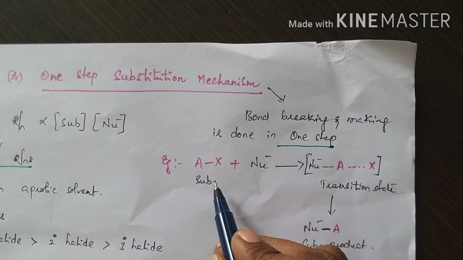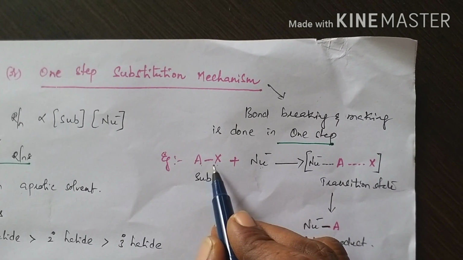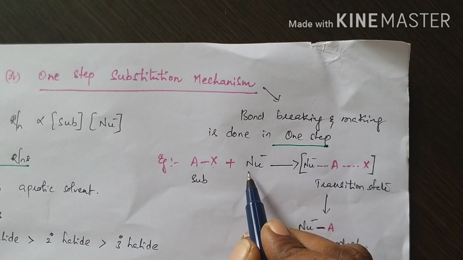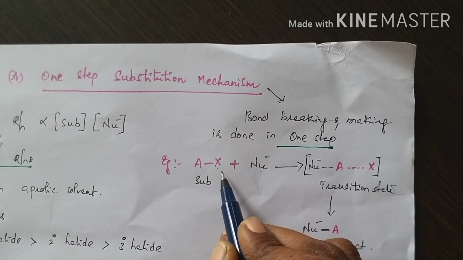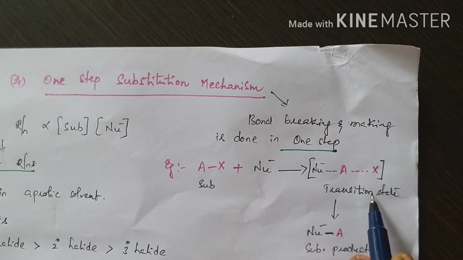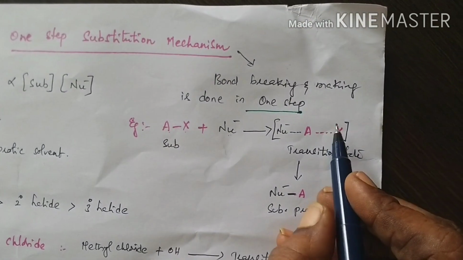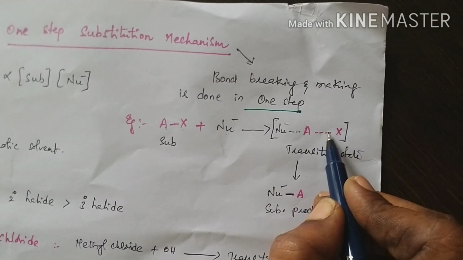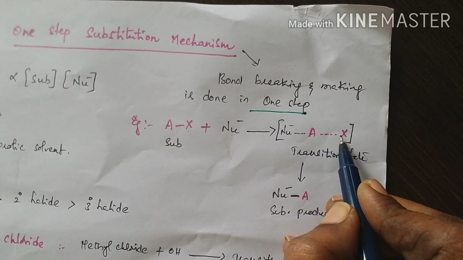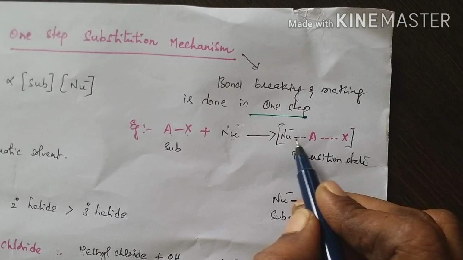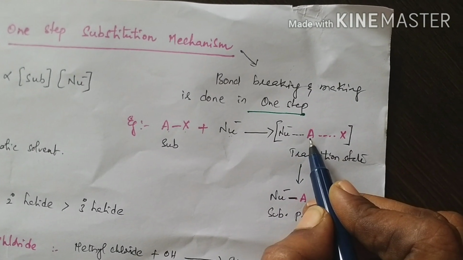Students, look at this example. This AX is a substrate. Here the nucleophile is attached to the substrate. It produces a transition state, where the old bonds are breaking within the substrate and new bonds form between the nucleophile and the substrate.